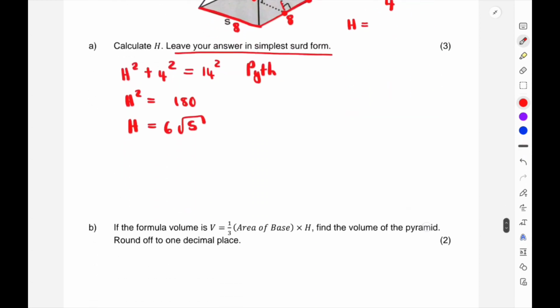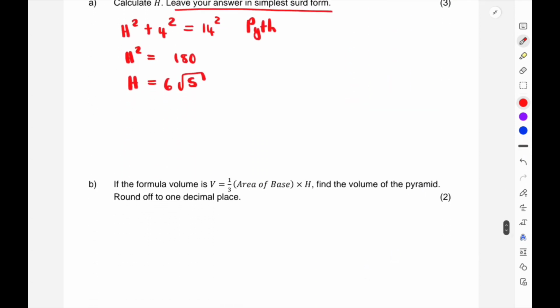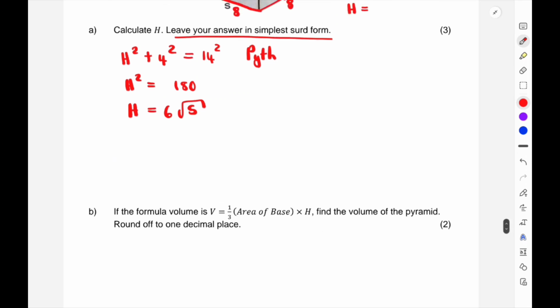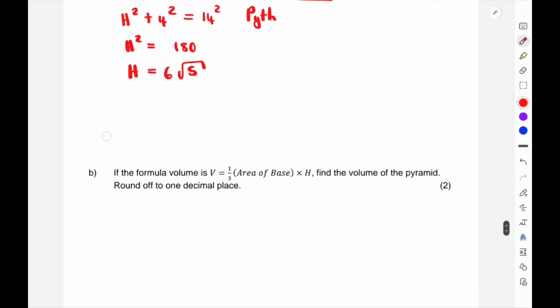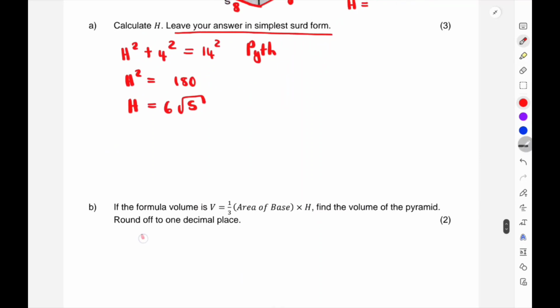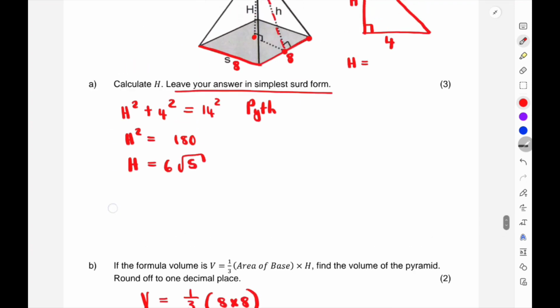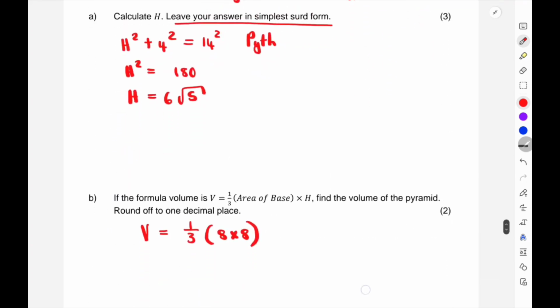Okay, and then they say if the formula for the volume is V is equal to a third of the area of the base times the height, find the volume of the pyramid. Round off to 1 decimal place. So the volume is equal to a third times the area of the base, and the area of the base is 8 times 8, or 8 squared, times the height, which is 6 square root 5.